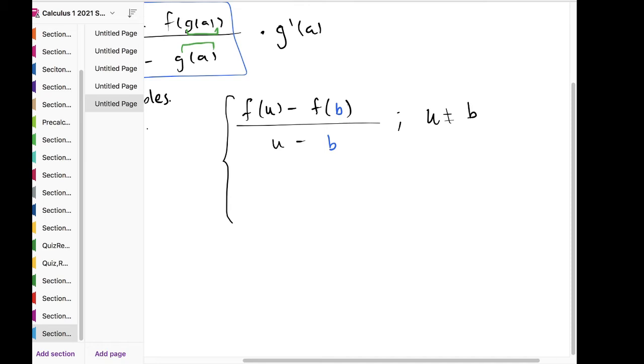Okay, so as I approach u to b, what is f of u minus f of b over u minus b approaching? Remember, just pretend u is x. What would it approach?